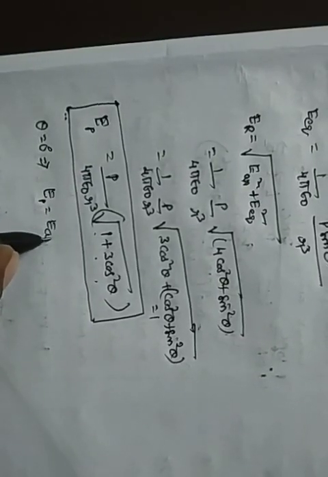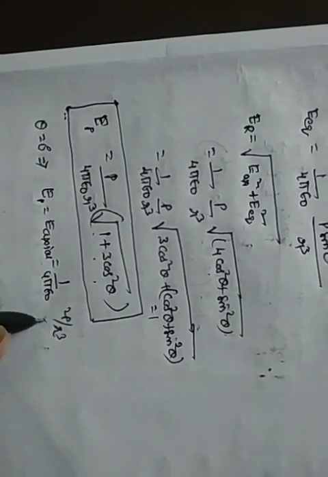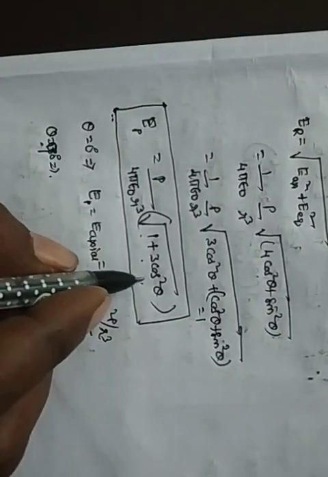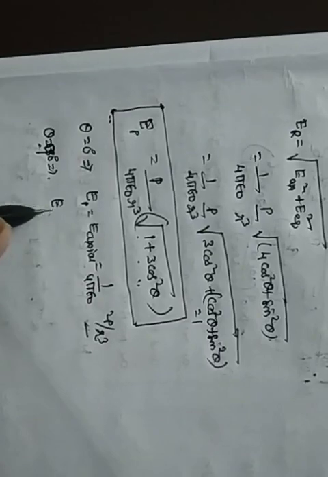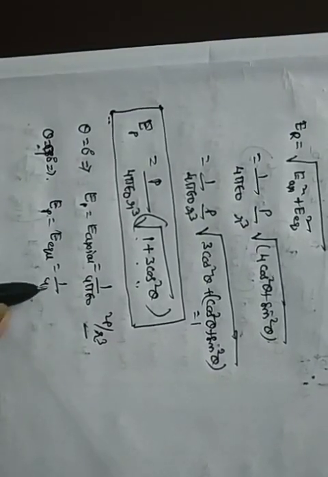So you will get E P equal to 1 by 4 pi epsilon naught, 2p by r cube, which is the axial line. If theta is 90 degrees, cos 90 is 0, so E P becomes E equatorial: 1 by 4 pi epsilon naught, p by r cube.